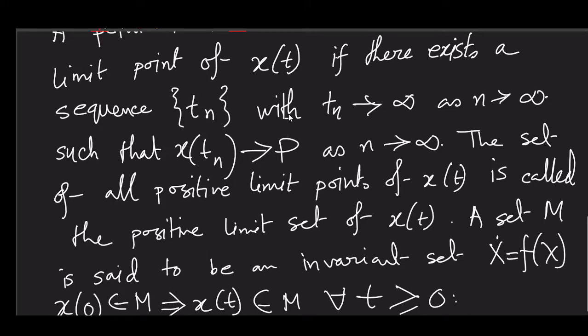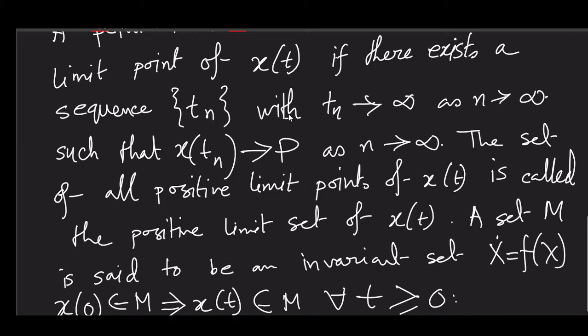A point p is a positive limit point of x(t) if there exists a sequence t_n with t_n tends to infinity as n tends to infinity, such that x(t_n) tends to p as n tends to infinity. The set of all positive limit points of x(t) is called the positive limit set of x(t). Actually, I forgot to mention that this is the L plus, right?